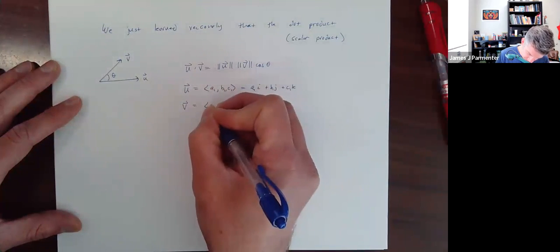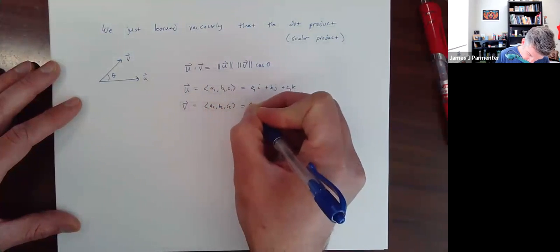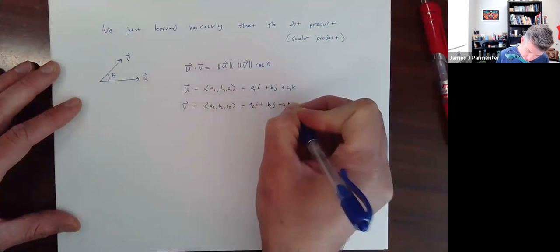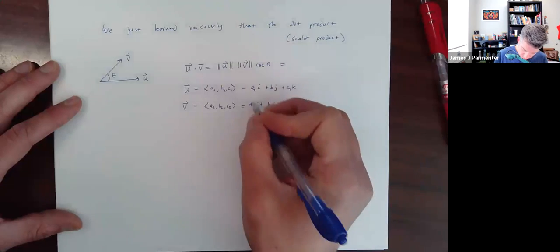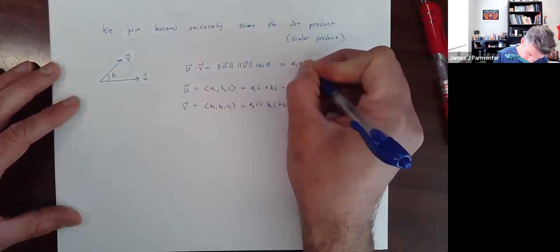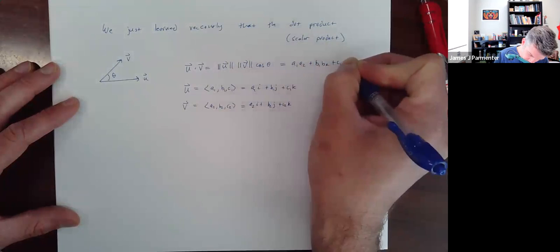And let's say that v is a2, b2, c2, or a2i plus b2j plus c2k. Then u dot v is equal to the like components multiplied together and added up. So a1 times a2 plus b1 times b2 plus c1 times c2.